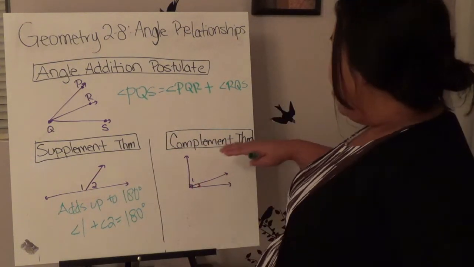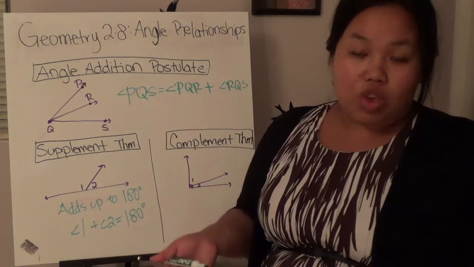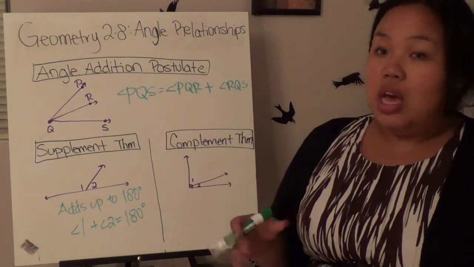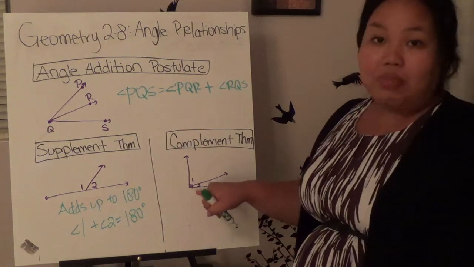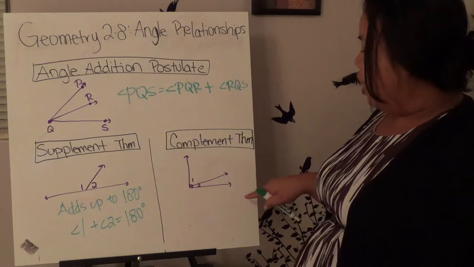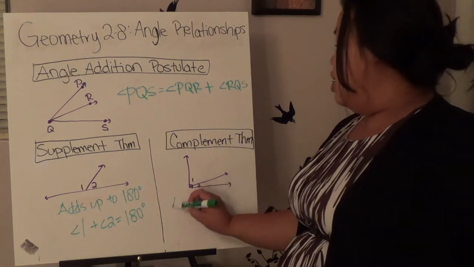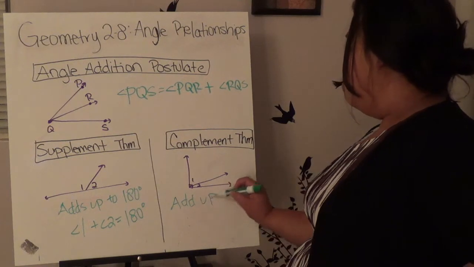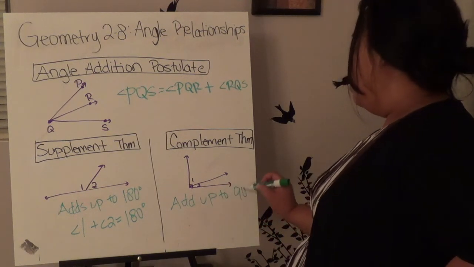The term complement theorem comes from your vocabulary complementary, and if you remember that, that's angles that make up 90 degrees. So essentially a right angle. So this one adds up to 180, this one adds up to 90 degrees.